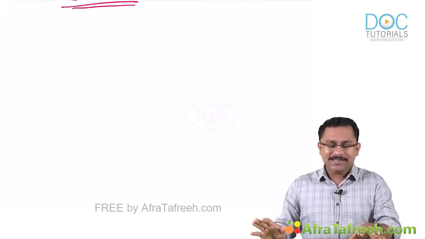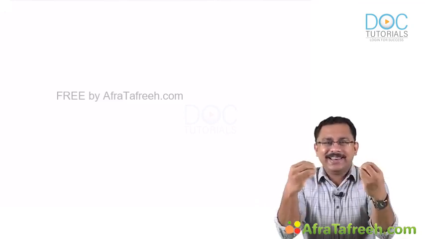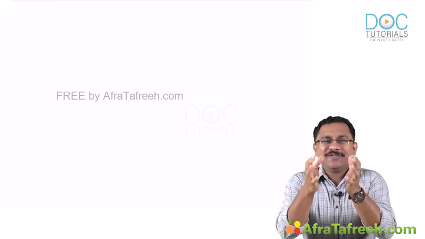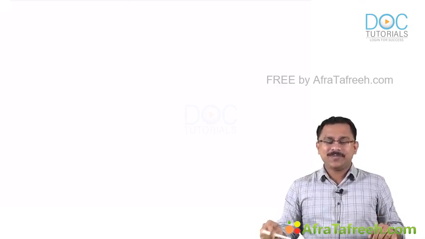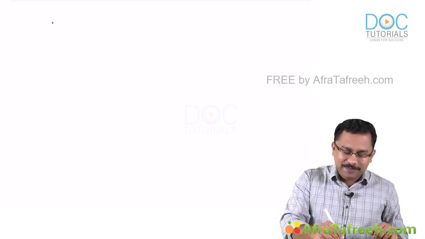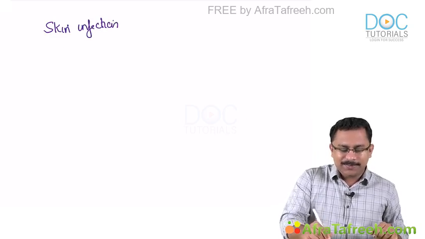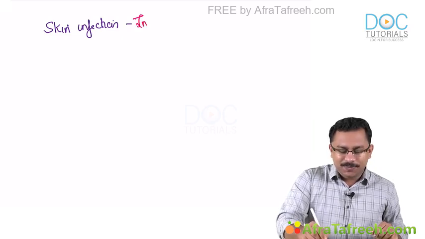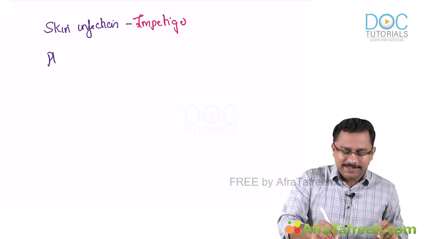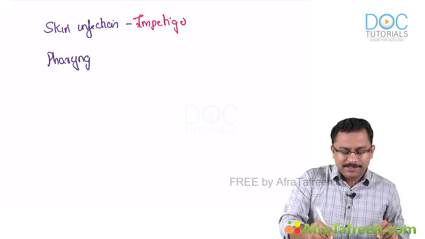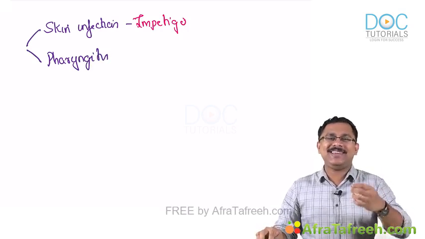Now next, you know that streptococci can cause various infections. So what is the infection that would often cause a glomerulonephritis as a sequela? It's predominantly skin infections. Streptococci can cause impetigo, as well as pharyngitis.